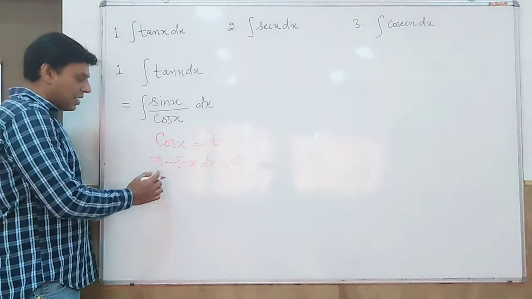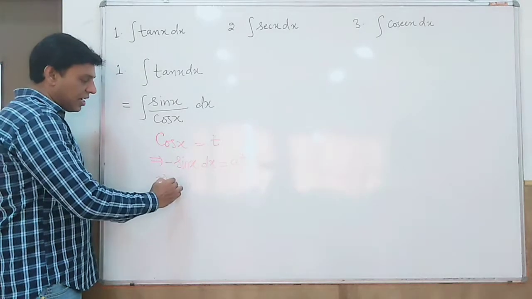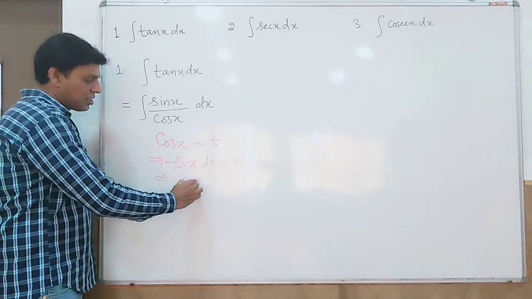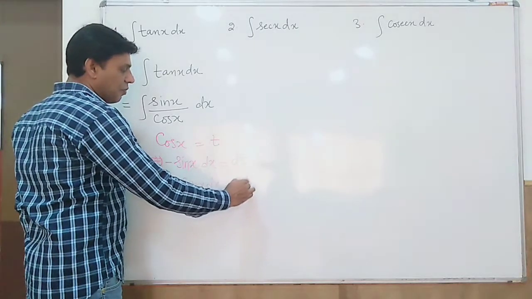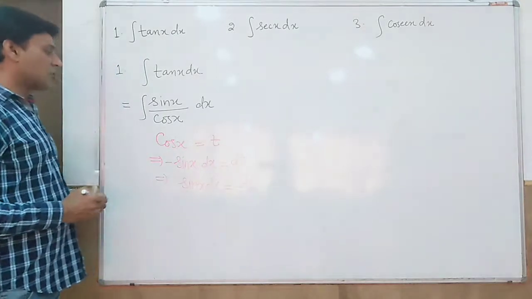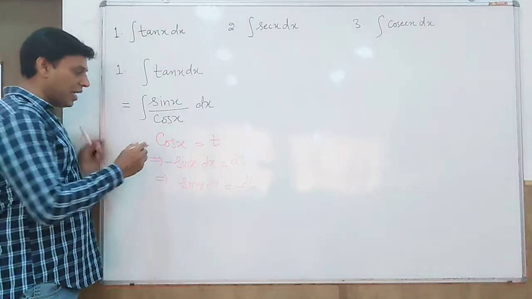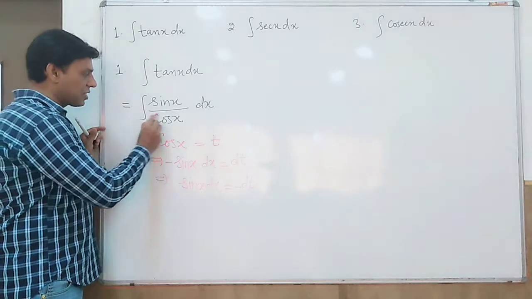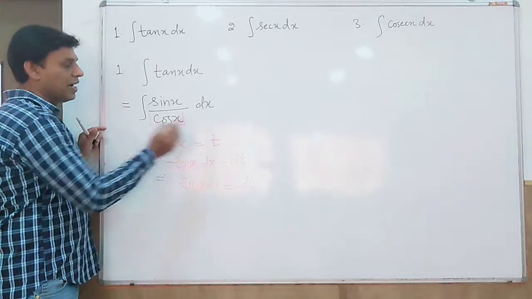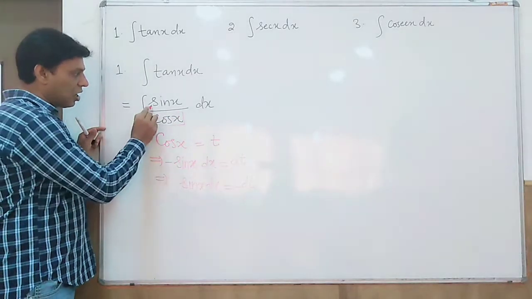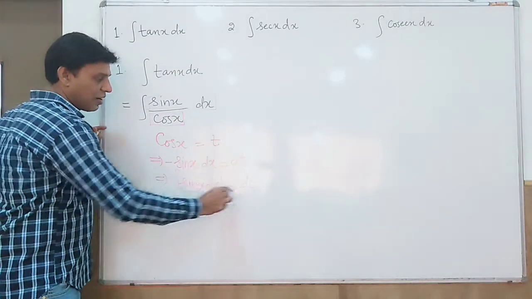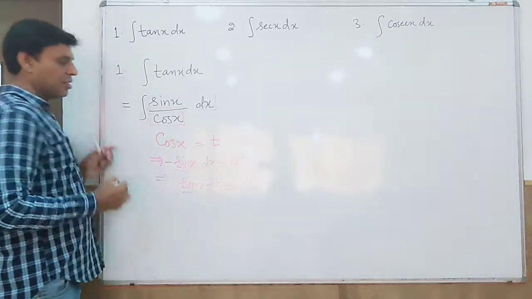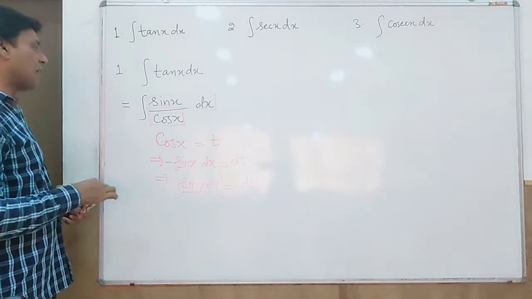But we don't have the minus sign, so we can write sin x dx is equal to minus dt. So now we have to make these substitutions: in place of cos x you will write t, and in place of sin x dx you will write minus dt.